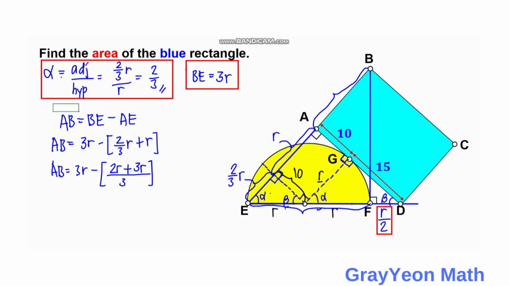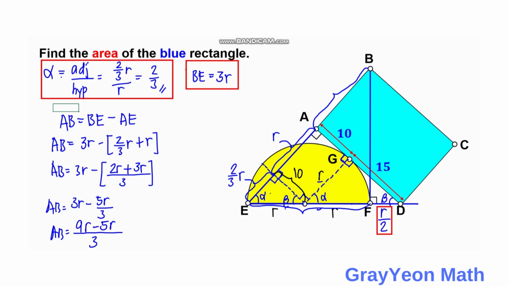Simplifying inside, we have 5r over 3. So AB is 3r minus 5r over 3. LCD again is 3, so 9r minus 5r.